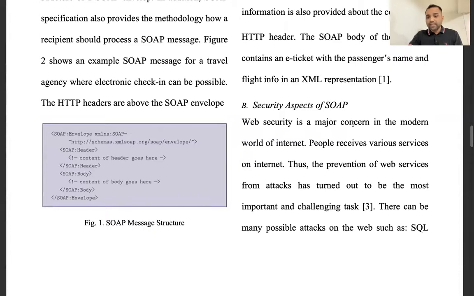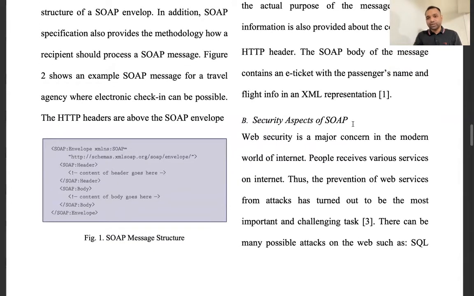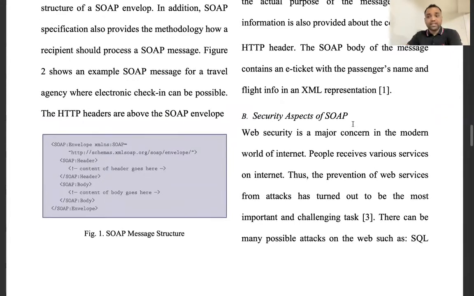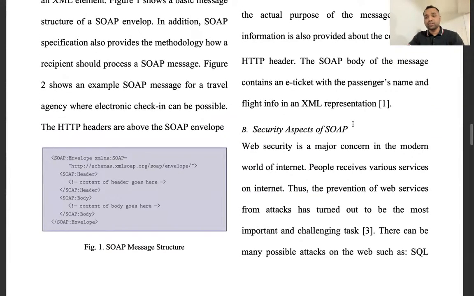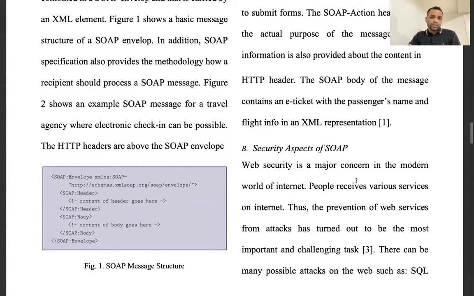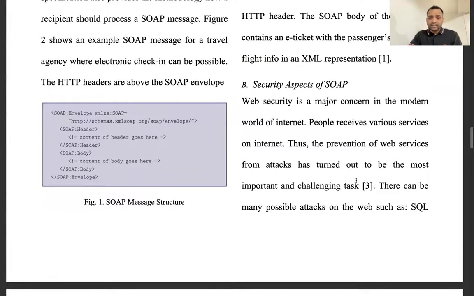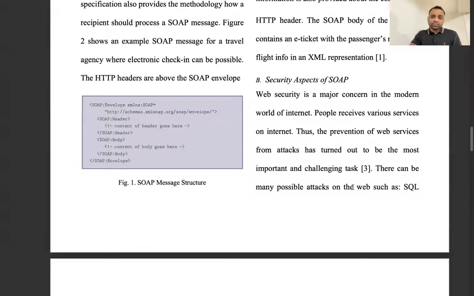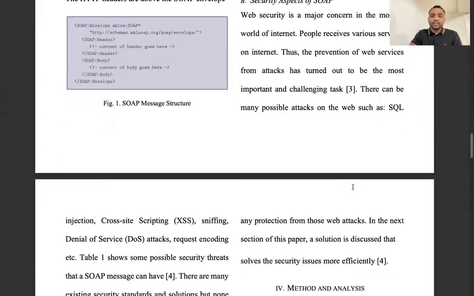So here comes web security, which is a major concern these days for many web applications. SOAP is not out of that. We know SOAP uses the HTTP protocol, which provides some basic security services. But before that, I will be discussing a little bit about what types of attacks are possible nowadays.